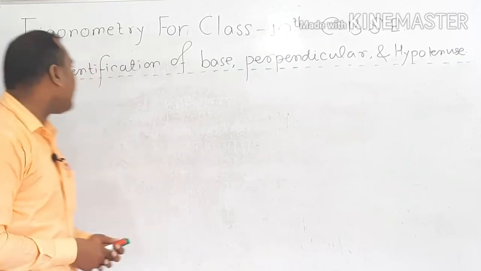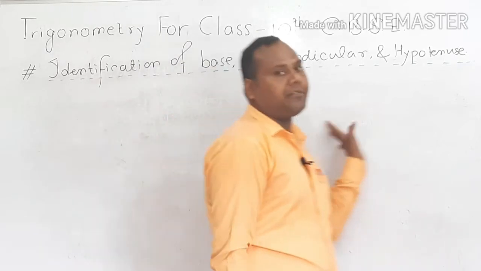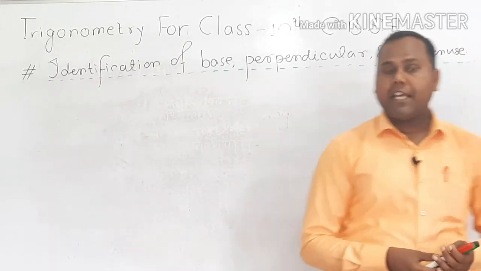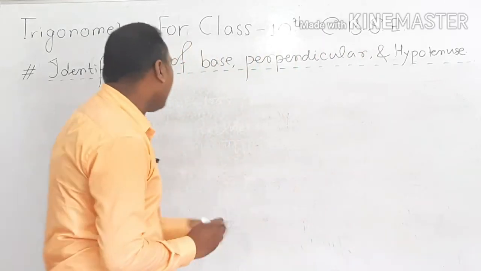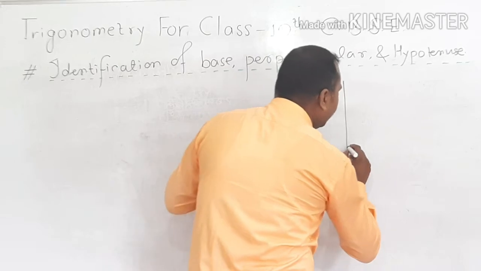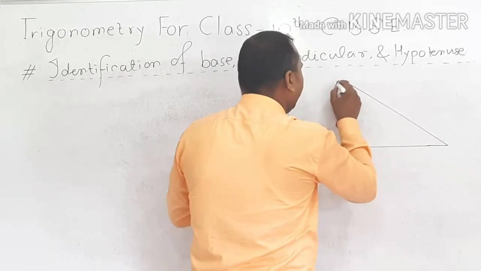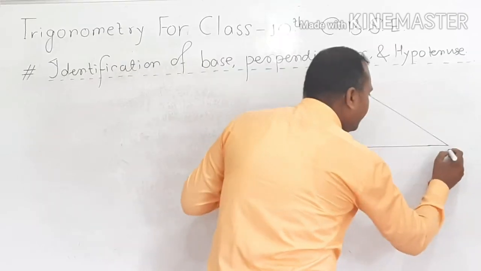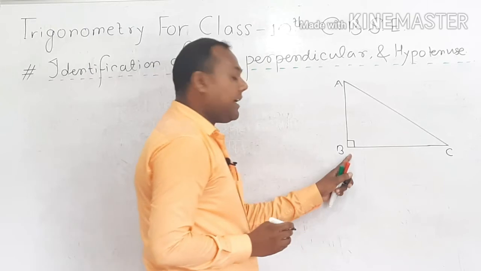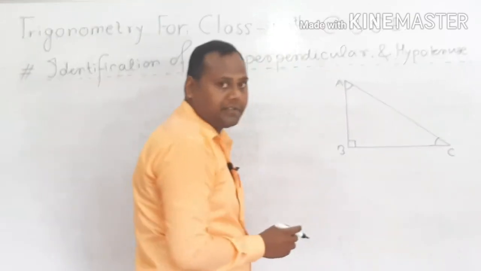Now let us talk about identification of base, perpendicular and hypotenuse in a right angle triangle. So first of all, we shall draw a right angle triangle. This is a right angle triangle. Here A, this is B, and this is C. B is the right angle, and C as well as A are acute angles.